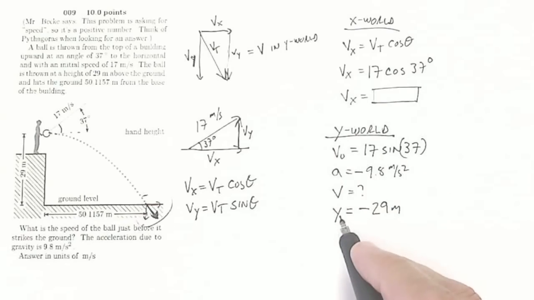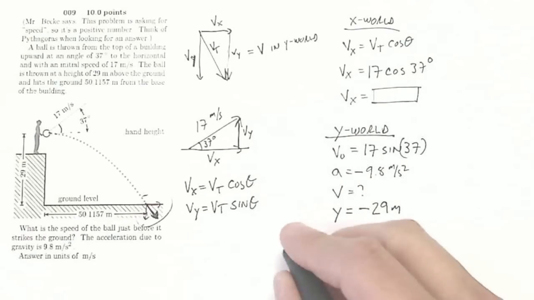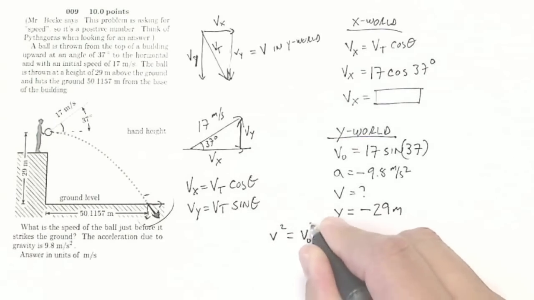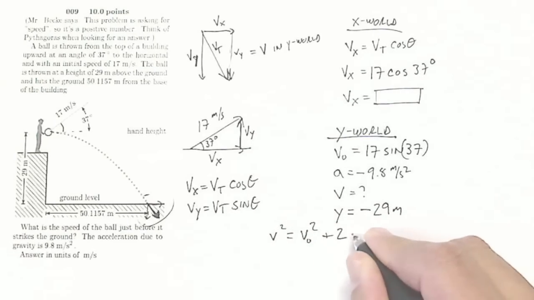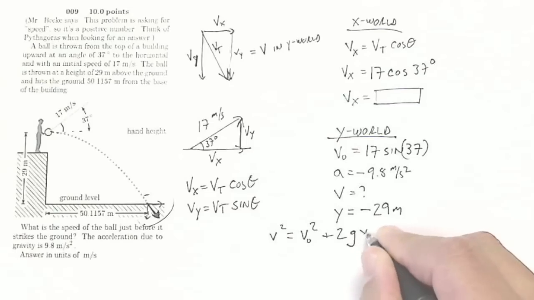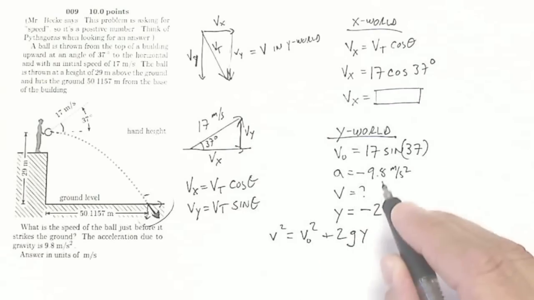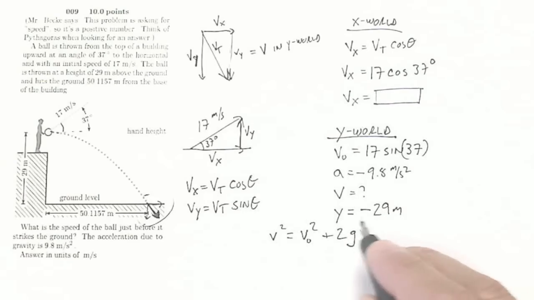To figure out something with these four, I know that v squared, my final velocity squared, is my initial velocity squared plus twice my acceleration times my displacement. And I can plug in my initial velocity here. I can plug in my gravity, my acceleration of negative 9.8, and I can plug in my height of negative 29.